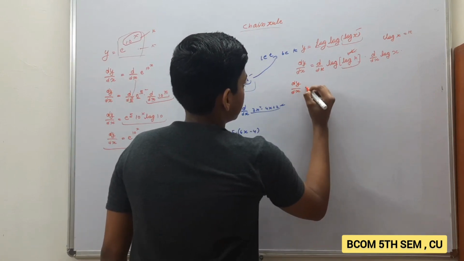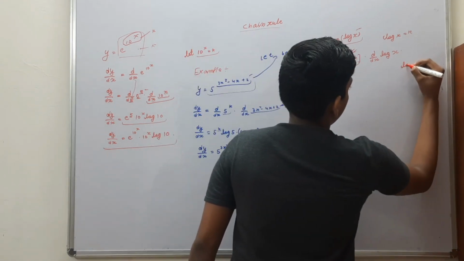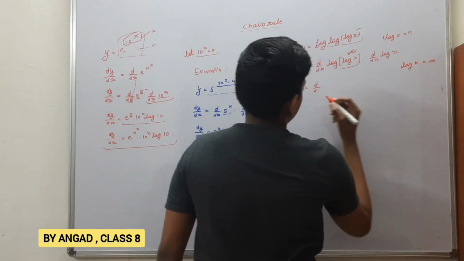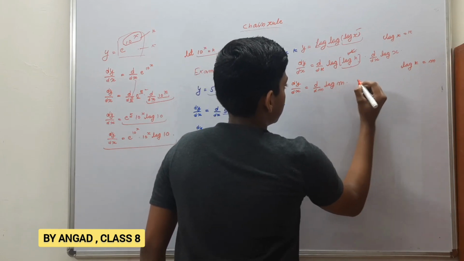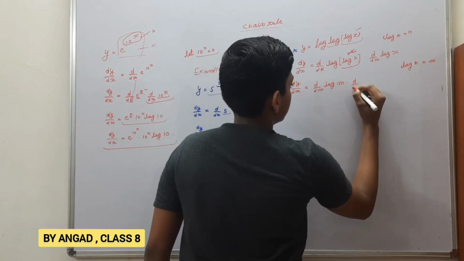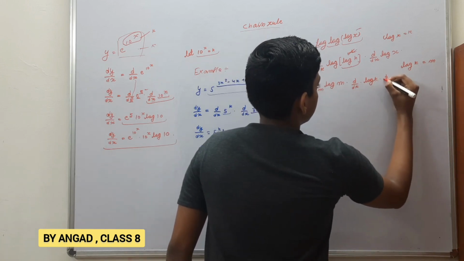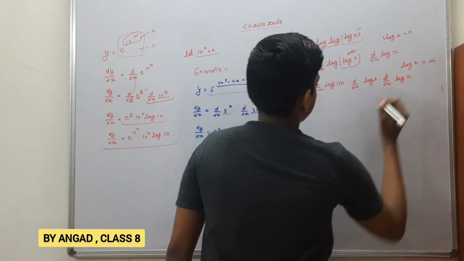dy by dx is equal to, let's say I let log k be m, so d by dm log m into d by dk log k into d by dx log x.